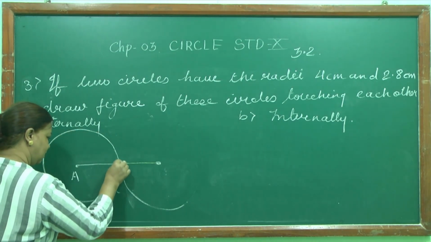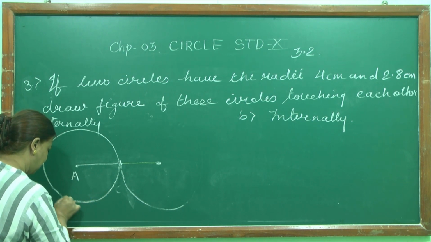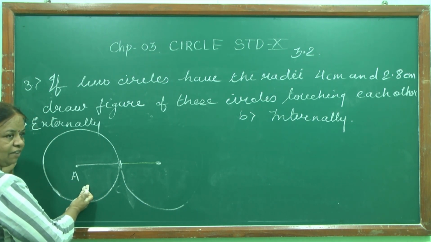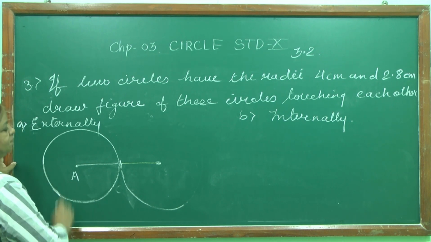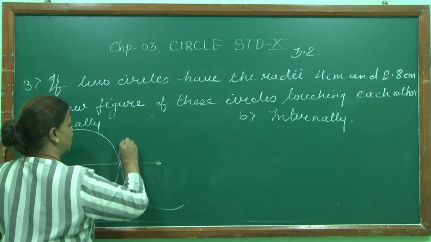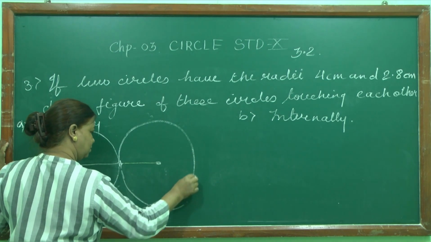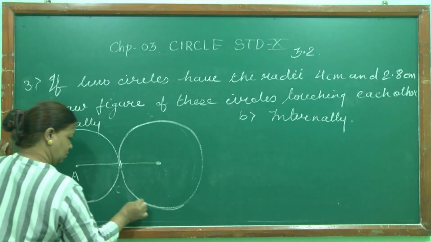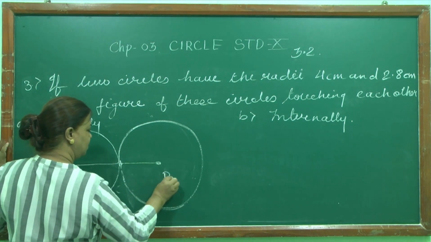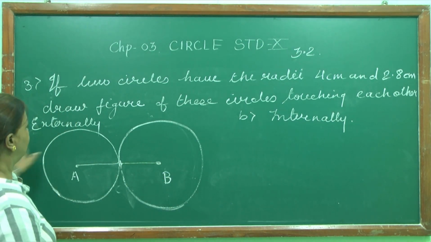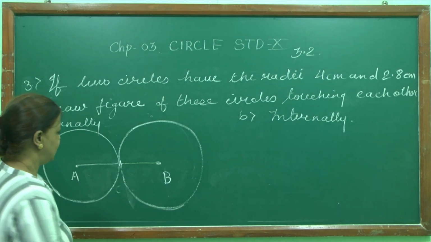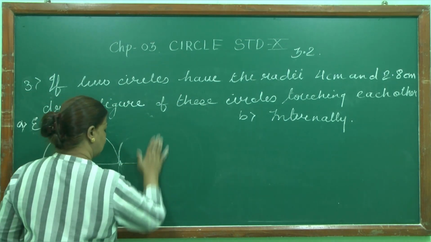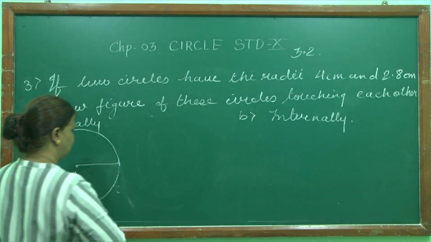This is one circle. Let me have the center of this circle as A and another circle with center B. One circle has, let me draw this smaller because it is 2.8 centimeter.